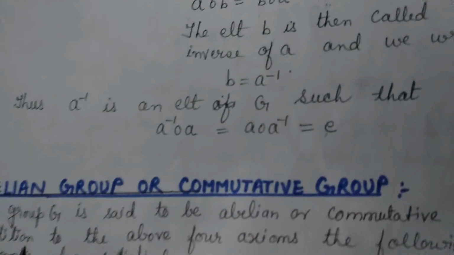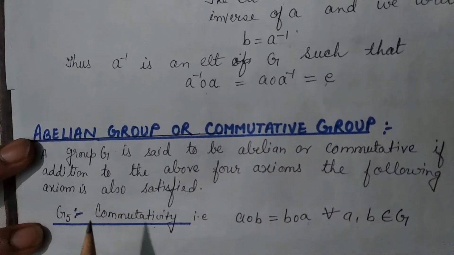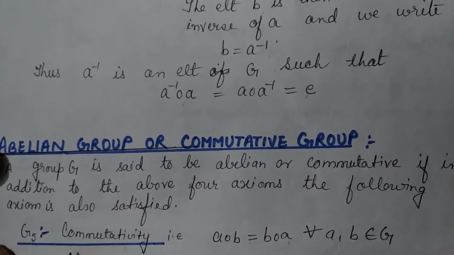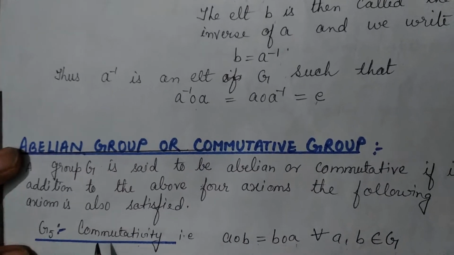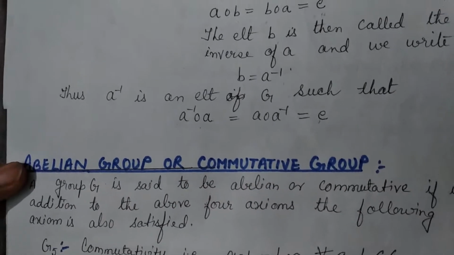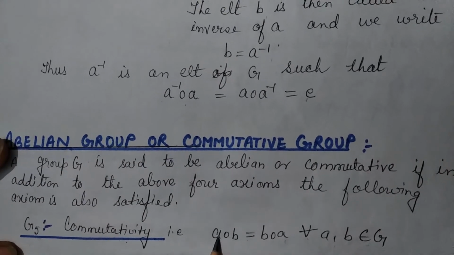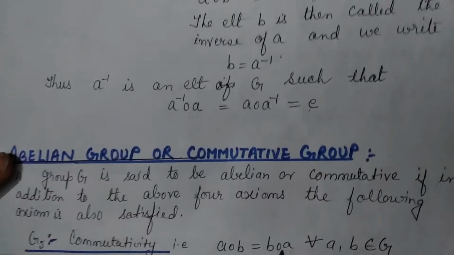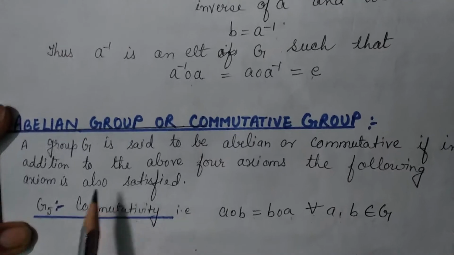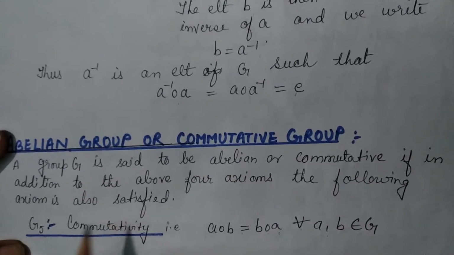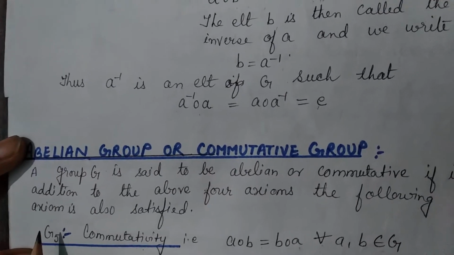If this group satisfies the fifth axiom of commutativity, that is, for all a, b belonging to G, a o b is equal to b o a, then the group is said to be abelian or commutative.